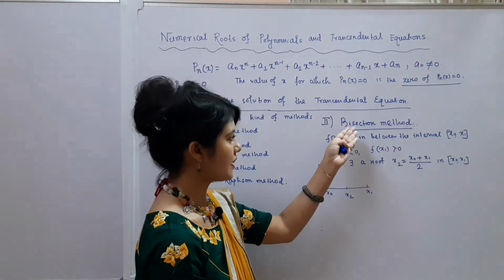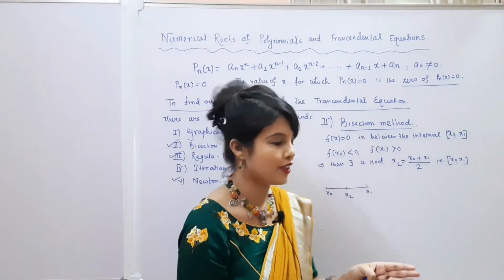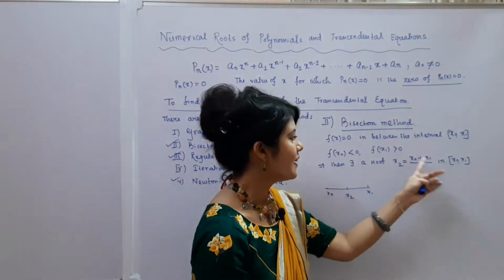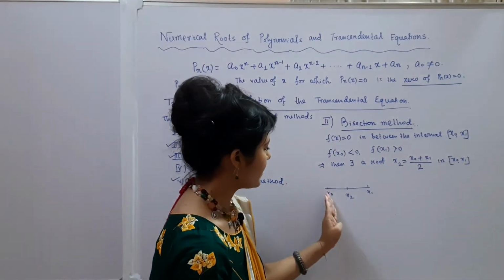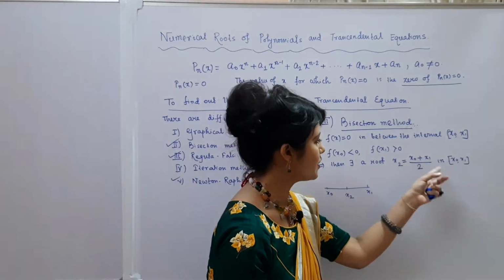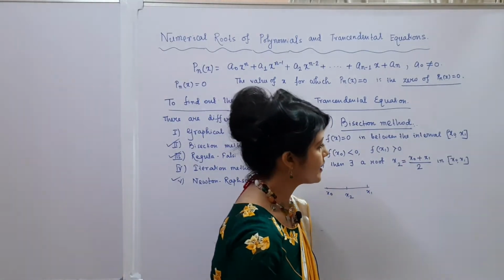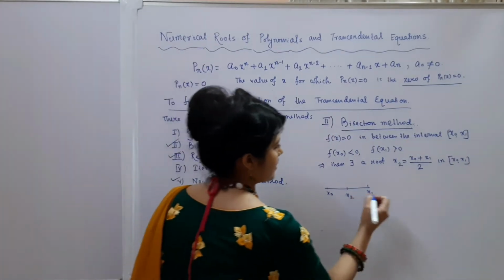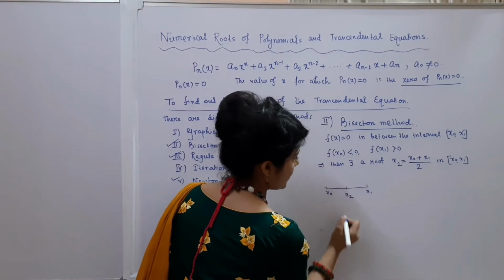The name of the method is the bisection method, because what I am doing here is just bisecting the interval x0 to x1, and the root is x2, that is (x0 plus x1) by 2 in (x0, x1). Now here we have got another point x2.